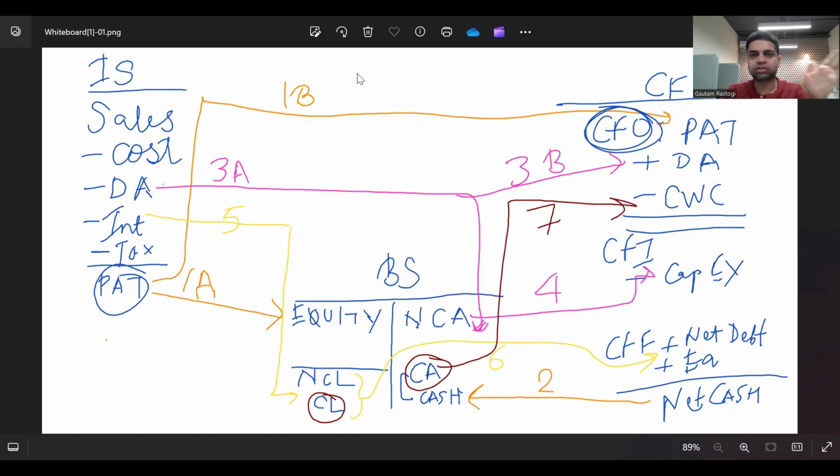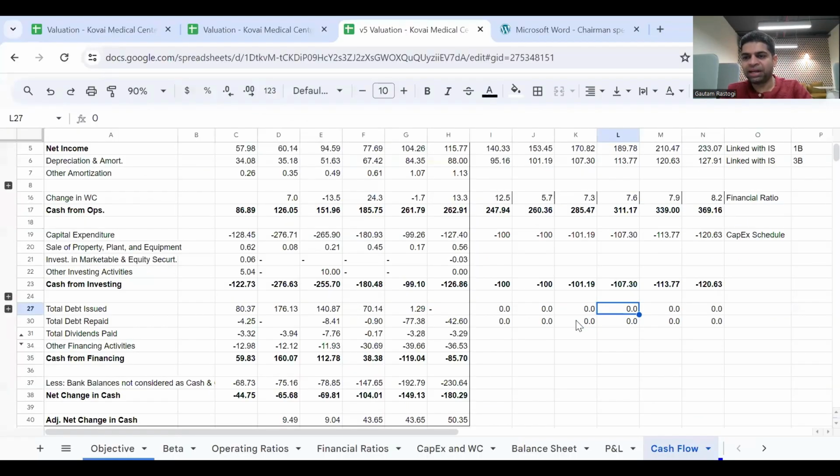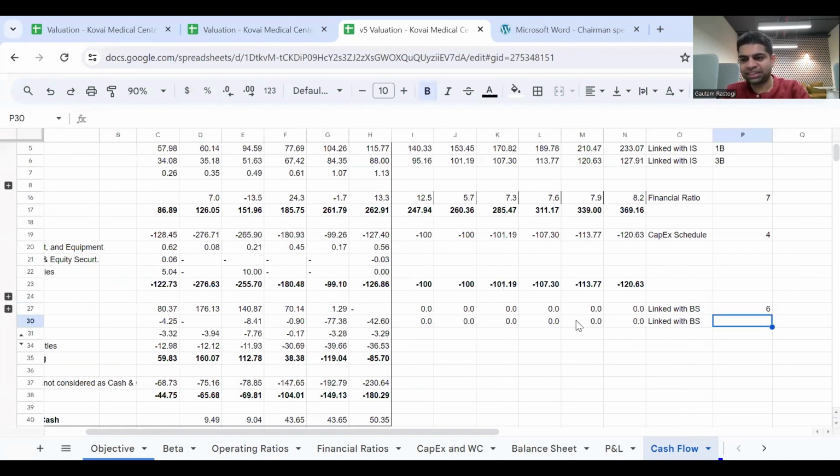Again, just for tracking purpose. So let me write linked with BS. And here label name is 6. See, all the linkages are now falling into place.